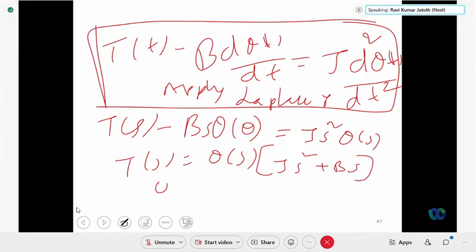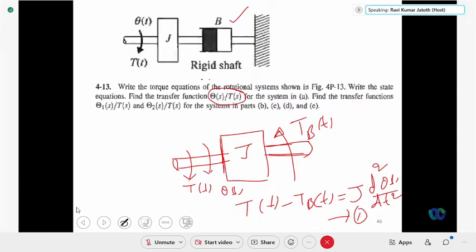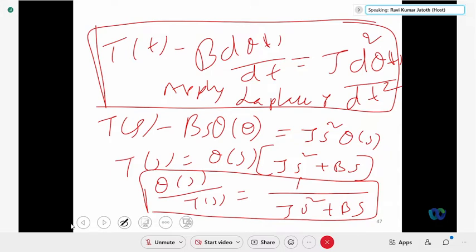The transfer function is theta(s) by T(s) equals 1 by (J s squared plus b s). So this is the transfer function of this mechanical rotational system. Is this clear now?